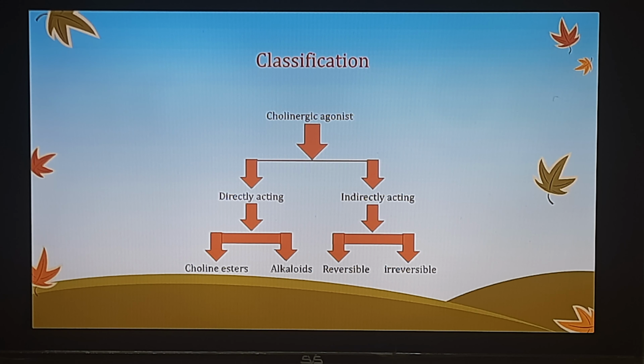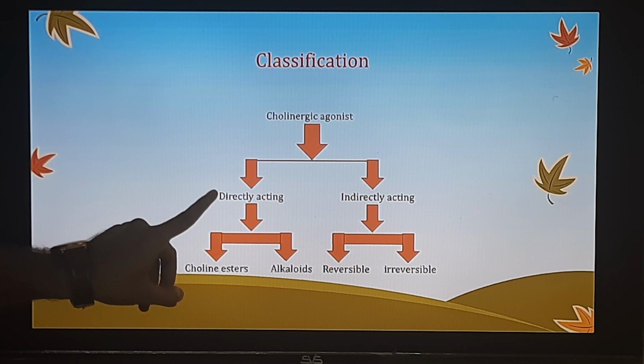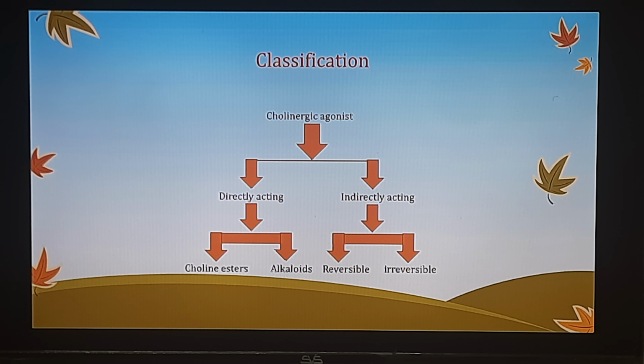Now, when we studied the classification, we classified our cholinergic agonists into two main categories: directly acting and indirectly acting.